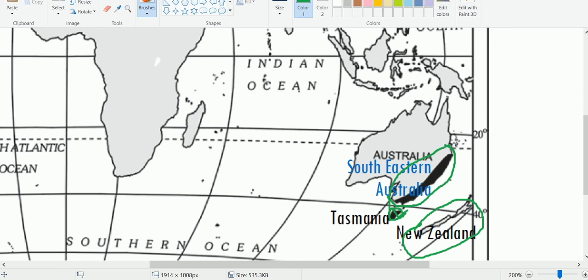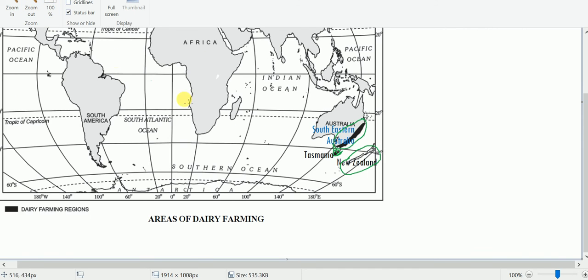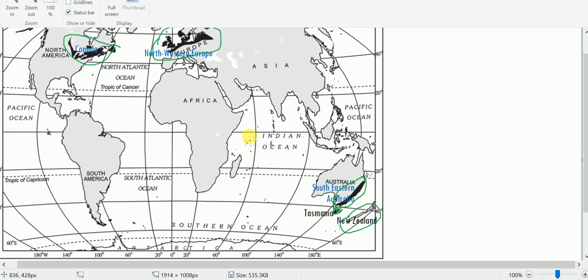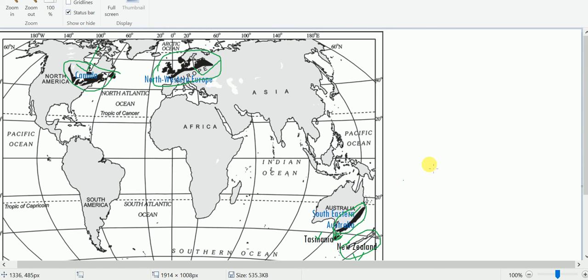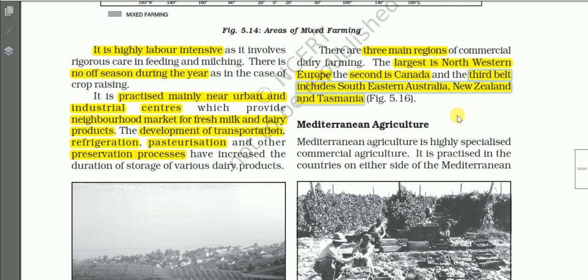So in these areas dairy farming is mainly practiced: Canada, northwestern Europe, southeastern Australia, then south of Australia a small island known as Tasmania, then New Zealand.